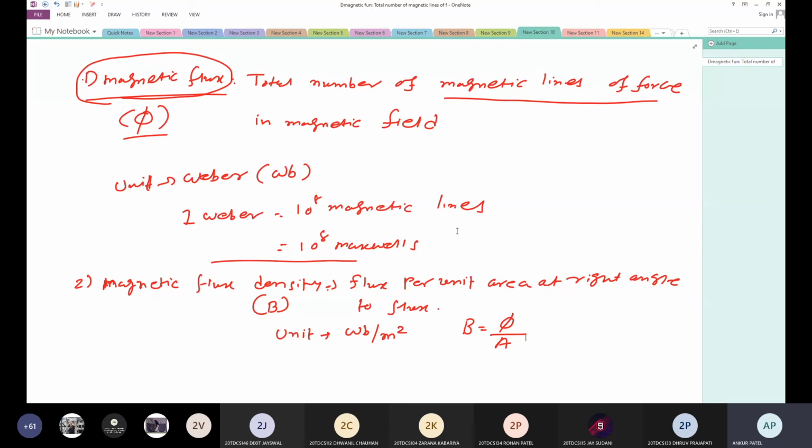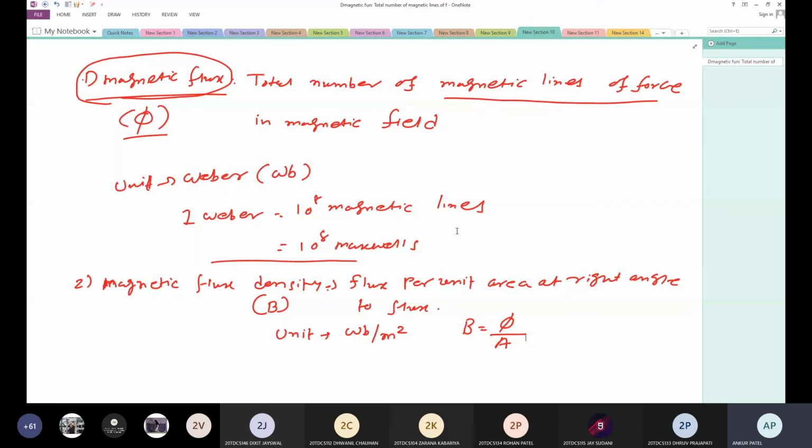What is the second law? So there are two laws given by Faraday. So what is the second law? Direction is opposite to the direction in which it cuts. So in the first law, what is it saying? Whenever a conductor cuts the magnetic field or flux, EMF is induced in it.